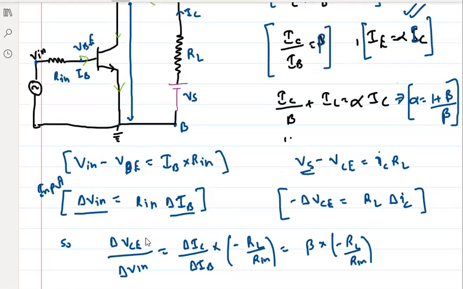So delta VCE is the change in output voltage and delta VIN is the change in input voltage. It gives my voltage gain: how much the output voltage will change if we change the input voltage.